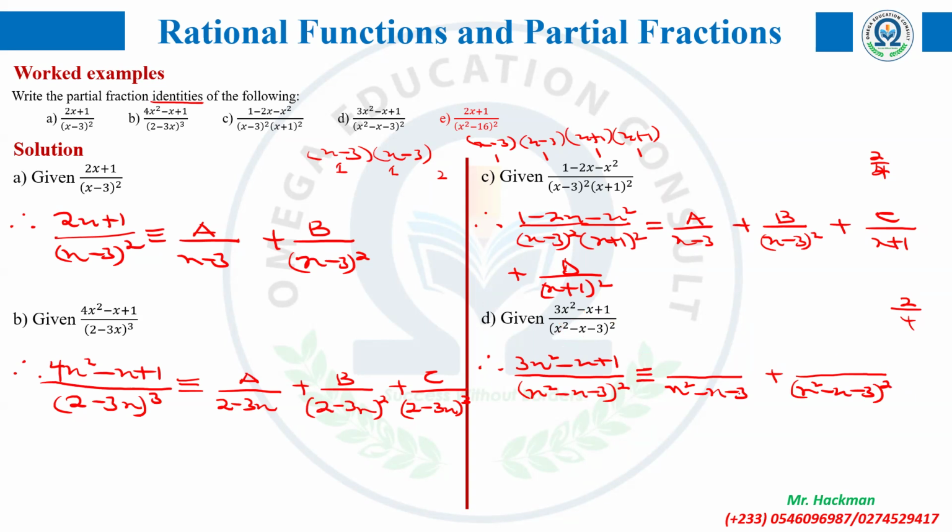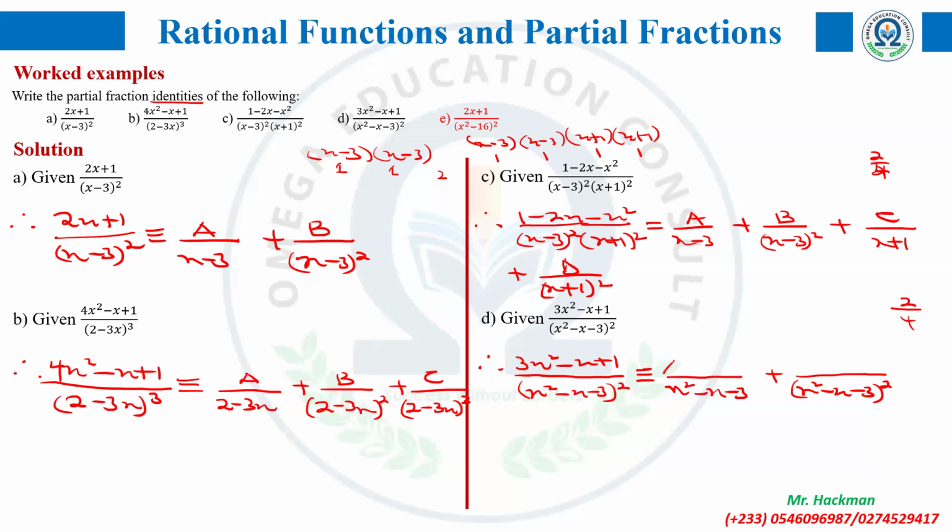So now the denominator here is quadratic. Your repeated factor is quadratic. So what do you think the nature of the numerators will be? Linear. So every linear expression is of the form ax plus b, linear in one variable. So usually we said we are not going to use small letters, so we use capital letters.